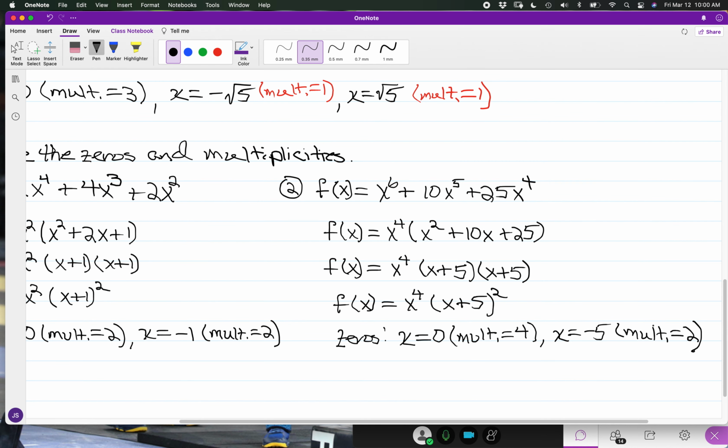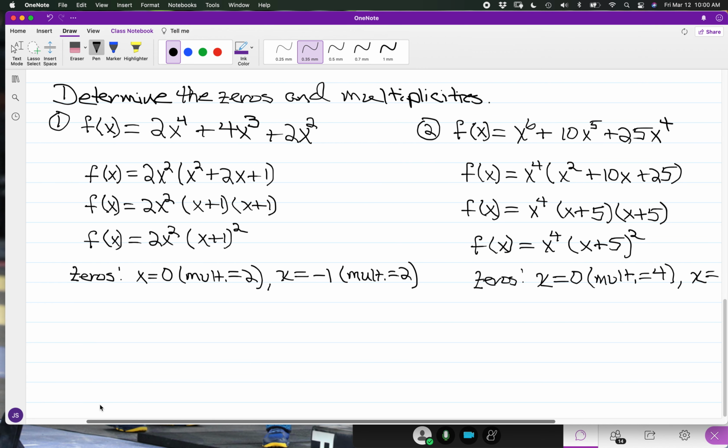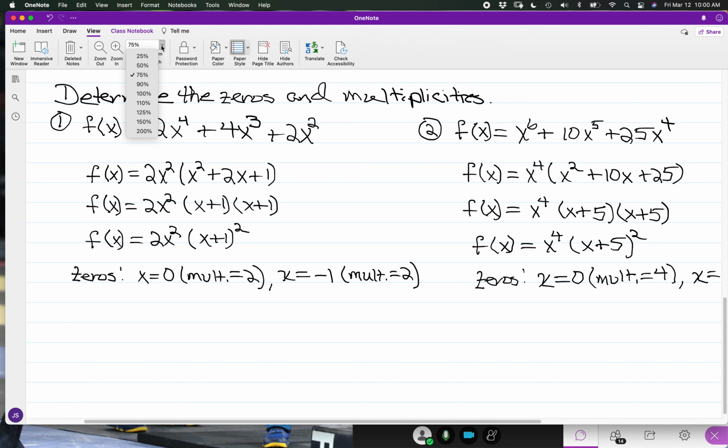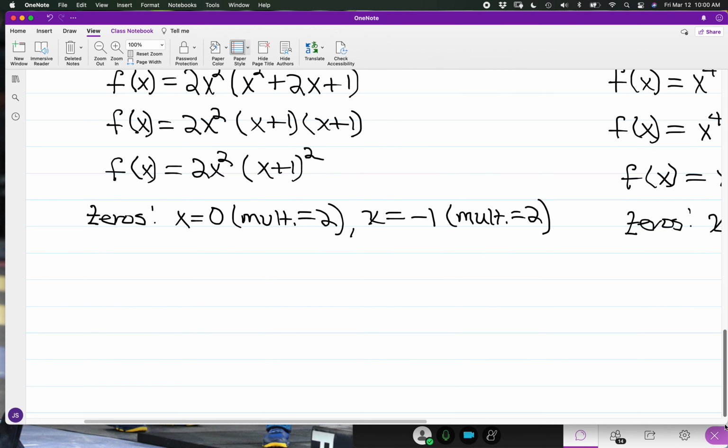All right. Now, in looking at the lead up to graphing, this is where the multiplicities will have a role of significance.